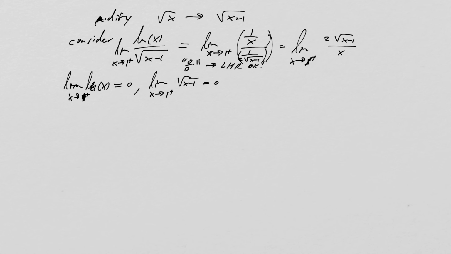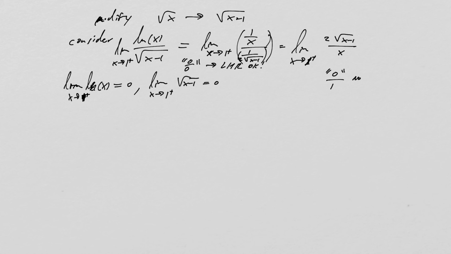Okay, so in this particular case, let's look at what we have here. We have something going to 0 at the top, but going to 1 on the bottom.